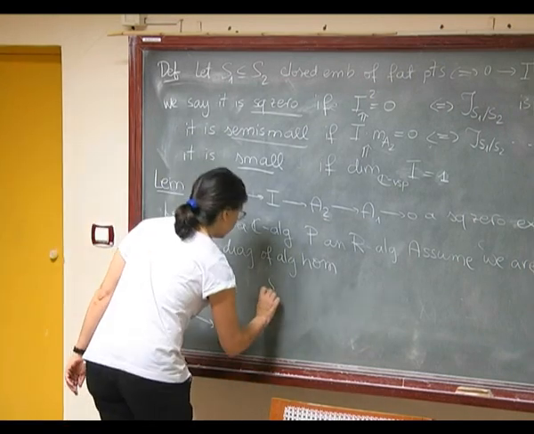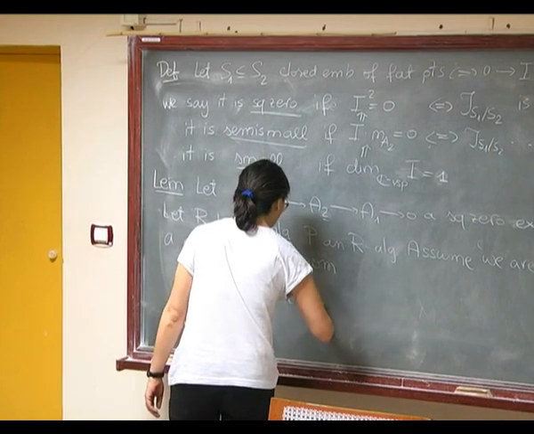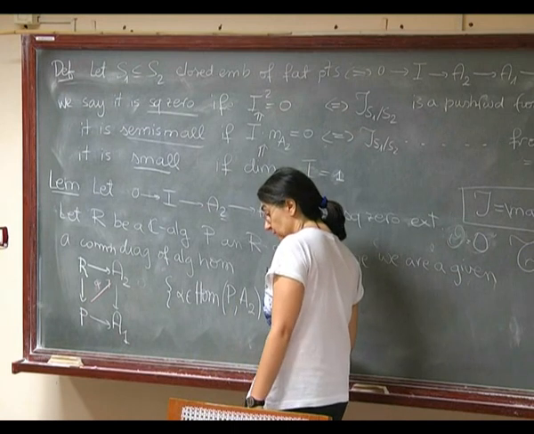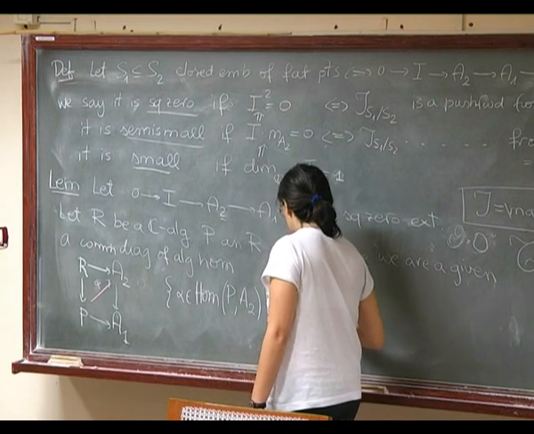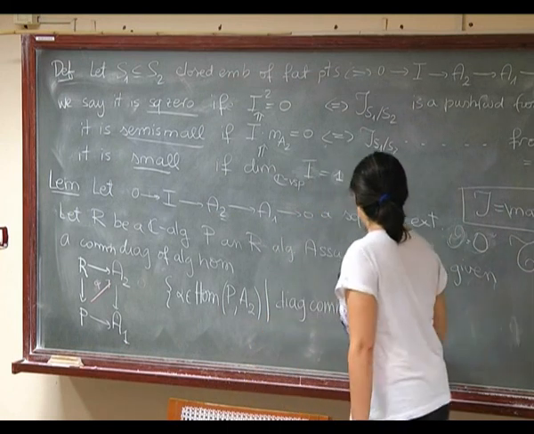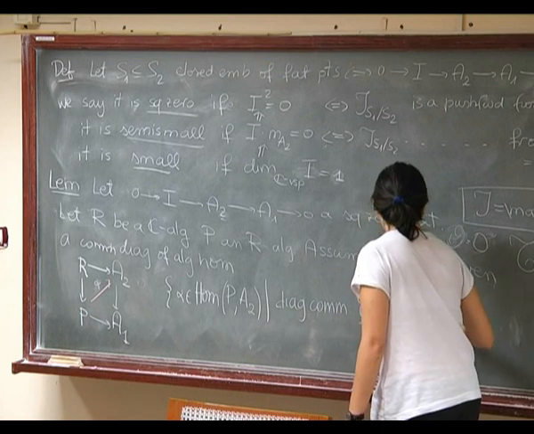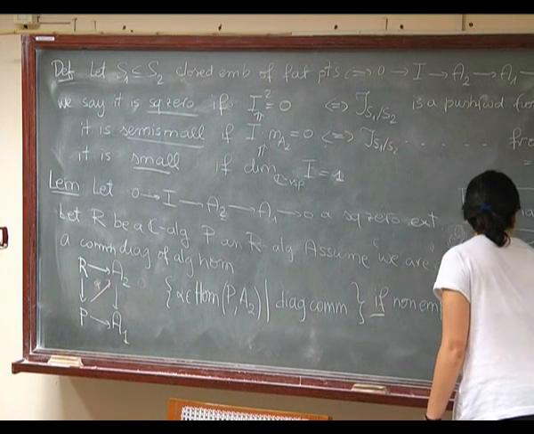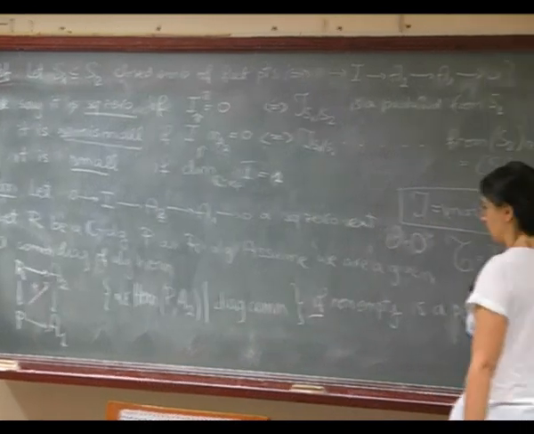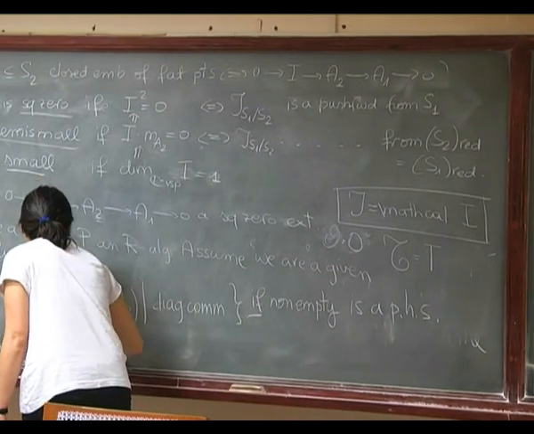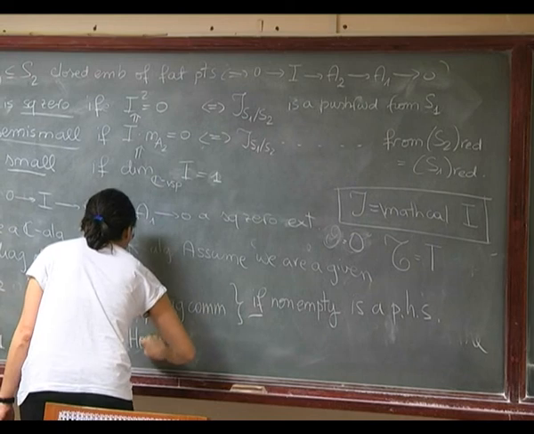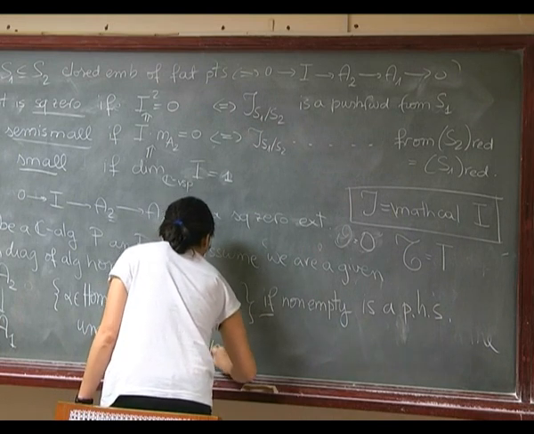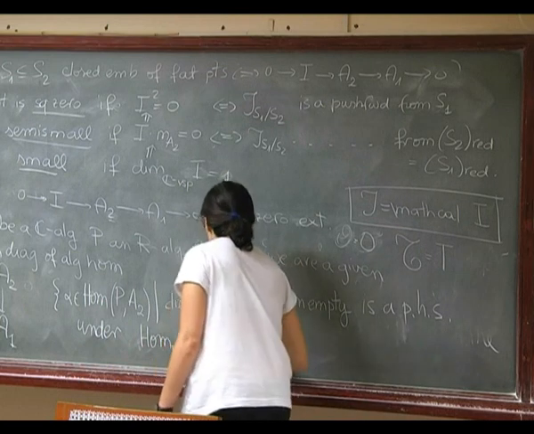So what I claim is that the set of alpha, homomorphisms of C algebras from P to A2 such that the diagram commutes, if non-empty (I'm not assuming it's non-empty), is a principal homogeneous space under Hom_P(Omega_{P/R}, I).